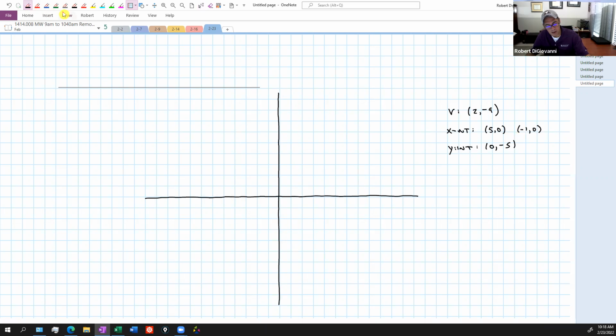So here's the way I'm going to do it. I'm going to say this is 1, 2, 3, 4, 5, 6. Of course, this would be -1, -2. And in terms of up and down, I'm going to count by ones: 1, 2, 3, 4, 5, 6, 7, 8, 9, 10. And the other way, 1, 2, 3, 4, 5, 6, 7, 8, 9, 10, -10.